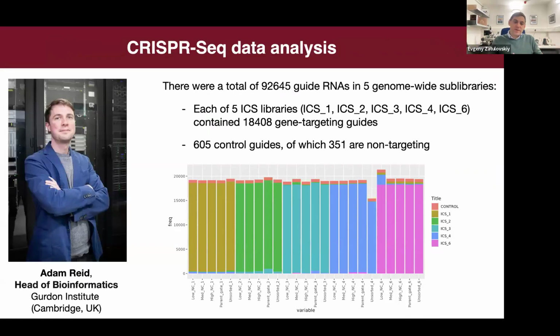And after that, with help from Adam, the bioinformatics expert here in the Gurdon Institute, we analyzed the guide RNA sequences in those samples. And just to mention, we had 5 different sublibraries, which means 5 different variants of whole genome libraries. So basically, it's 5 independent genome-wide libraries that we analyzed in this experiment, which gives us a good 5-fold biological replicate.